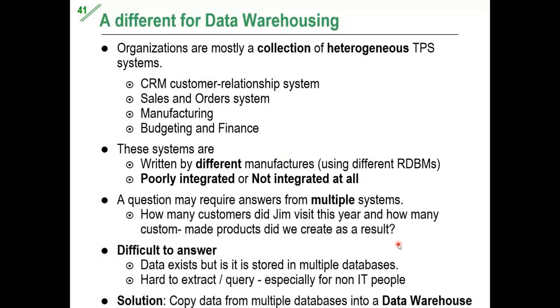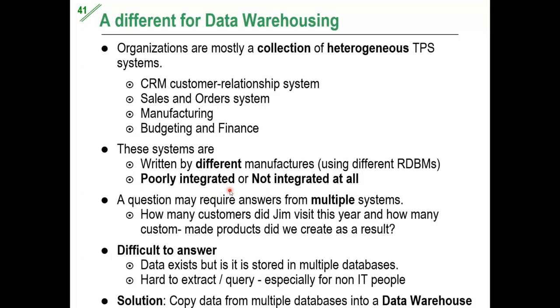Another important thing to remember when creating data warehouses is that all this past historical information comes from different types of databases, right? CRM system, sales system, manufacturing system, budgeting, finance system, HRM system, etc. These systems can be provided by different vendors and probably will not speak to each other very well, right?